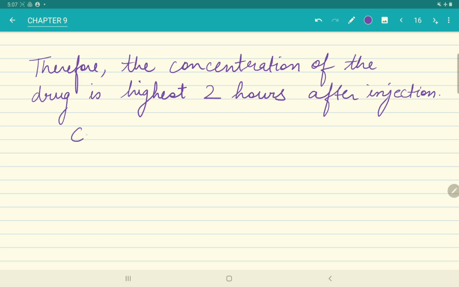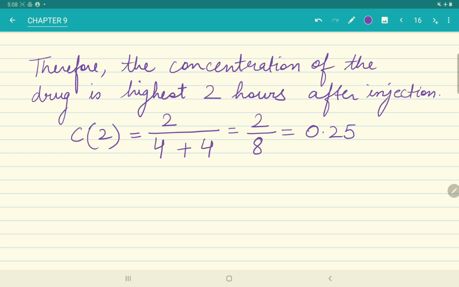And if we think of what C of 2 is, C of 2 is equal to 2 by 2 squared, which I know is 4, plus 4. So that is 2 by 8, which is equal to 0.25.